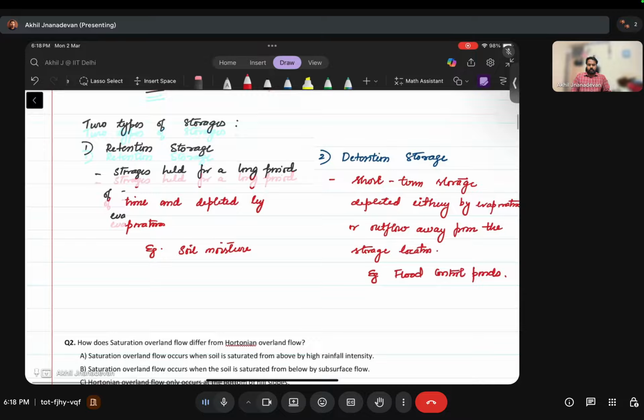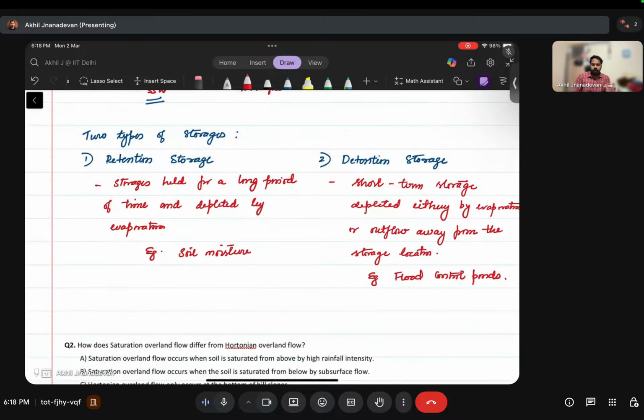Basically, these detention storages are short-term storages. The purpose of them is this: in urban areas, due to sudden high intensity rainfalls like cloudbursts, the urban areas get flooded very quickly, right?